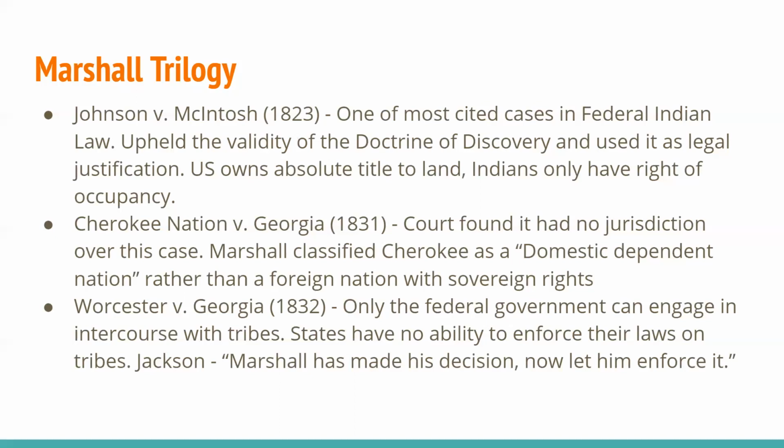And that goes back and forth a lot throughout federal Indian law, where sometimes you will have the Supreme Court rule in a way that really hinders tribal sovereignty, and then you'll have the legislative branch come back with some laws that protect tribal sovereignty, and sometimes it's the other way around. So in this case, the Supreme Court did uphold a certain amount of sovereignty, and then the executive branch with Jackson and the legislative branch with the Indian Removal Act of 1830 came right back around and said, it's too bad, so sad.